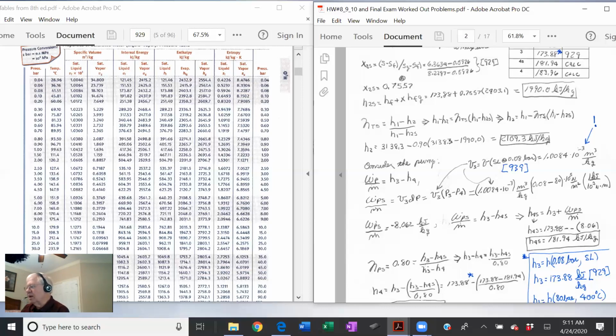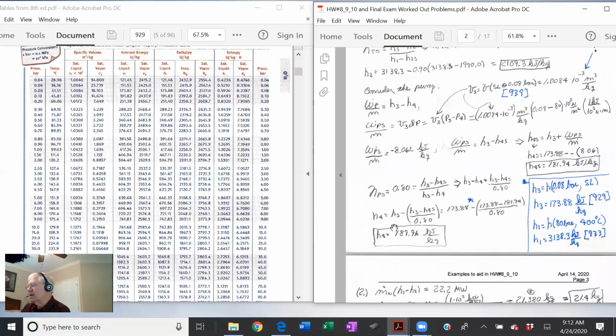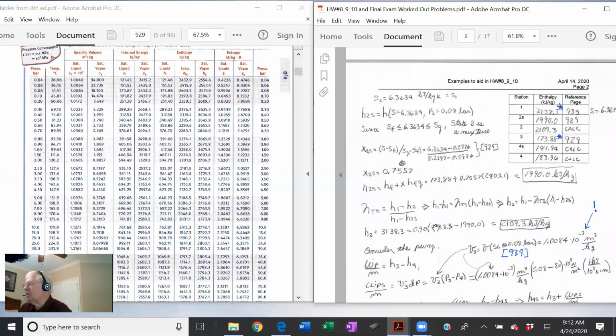I know H3, I know H4S, and I know eta of the pump isentropic, so the only unknown is H4. So I solve for H4. By the way, H3 was saturated. I showed you where I got that, and I just stuck it down here to remind me. Solving for H4, I got 189.96. And if I look at my table, now my table is complete.